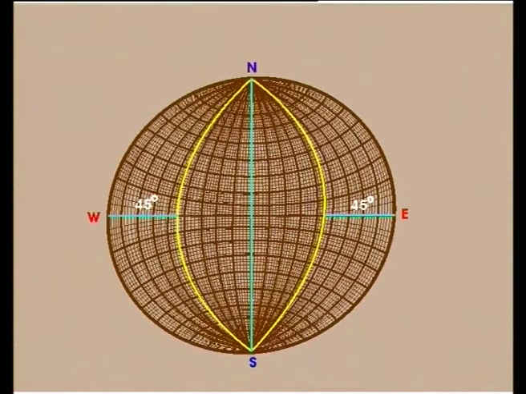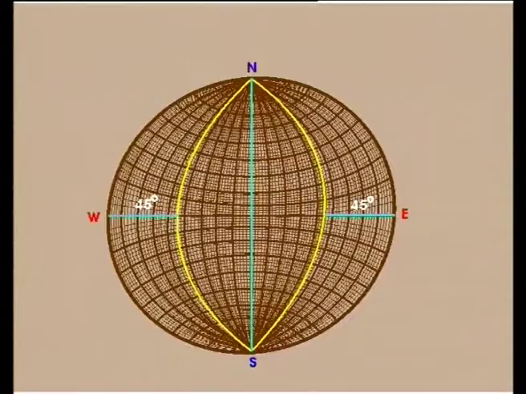Now, to obtain the orientation of the hinge line, we rotate the overlay so that this point, the stereographic projection of the hinge line, lies on any vertical plane, either north south or east west, and measure the angular distance of this point from the periphery, and mark the direction of the line on the periphery.